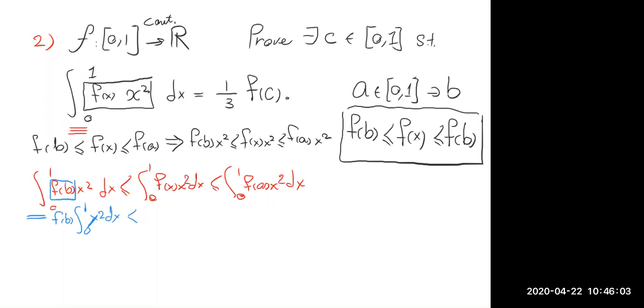It's less or equal than the integral from 0 to 1 of f of x x squared dx, less or equal than, again, f of a is a constant number, so it comes out of the integral. Okay, is it clear up to this point? Okay.